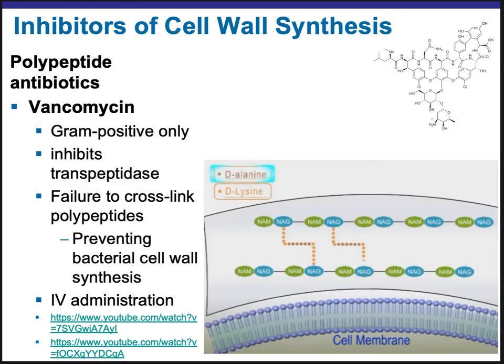But if someone has an infection elsewhere, you would need to give this by IV, intravenously, because it will not be absorbed through the gut. It'll get trapped in the intestines. So you would only take it orally if you're trying to treat an intestinal infection. Any other type of infection, you would need to give an IV administration of the drug.